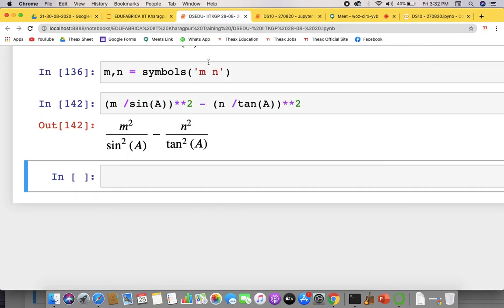So it is m² by sin²a minus n² by tan²a. Okay, this is going to be equal to 1. So can you just elaborate or expand or simplify here to find any solutions accordingly?